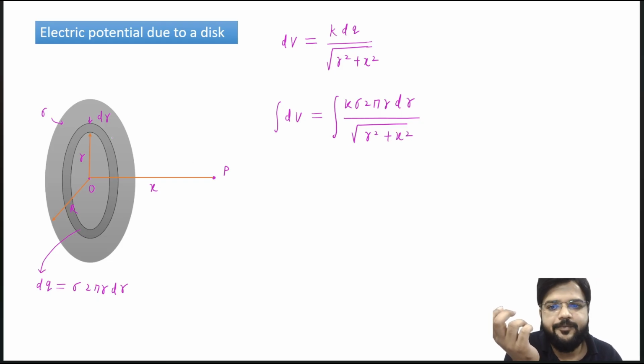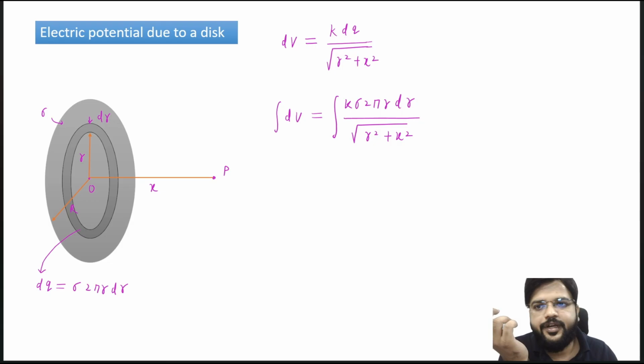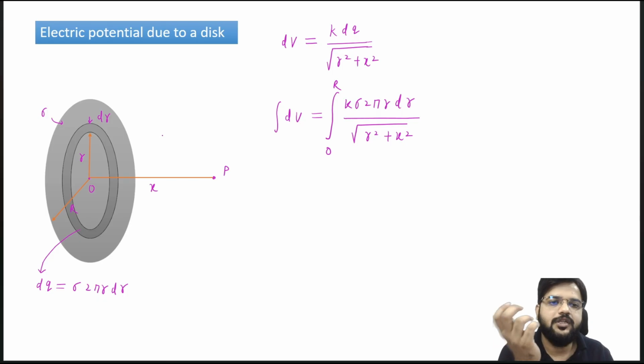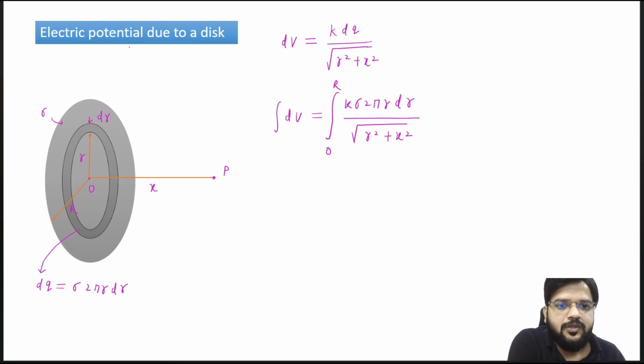And the limit of integration should be what, everyone? It is 0 to R. Correct? This is the limit of integration. R is the radius of the disk. Here small r is varying, everyone, and we are doing integration with respect to small r.